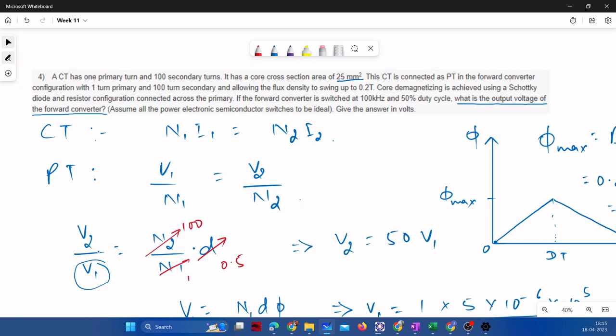This V2 by V1, this is output voltage V2, and V1 is input voltage. And we do not have a tertiary winding here because of the lossy configuration. It is mentioned that core demagnetizing is achieved using a Schottky diode and resistor configuration.